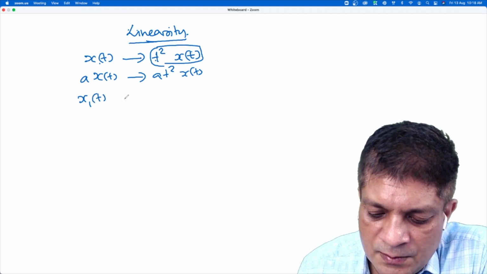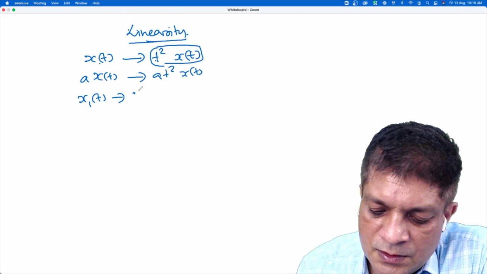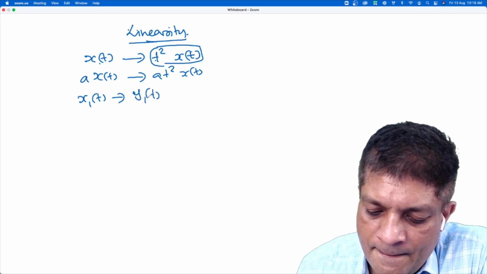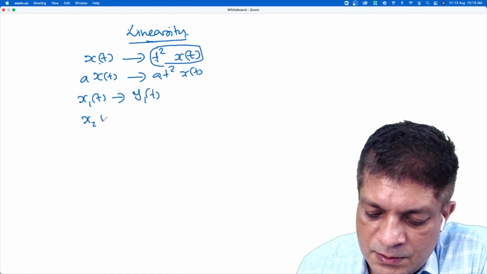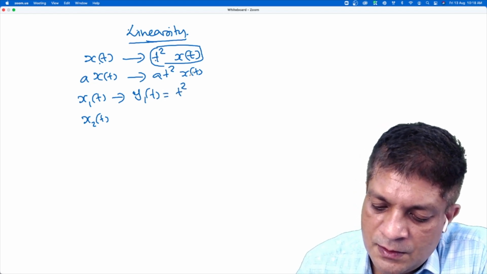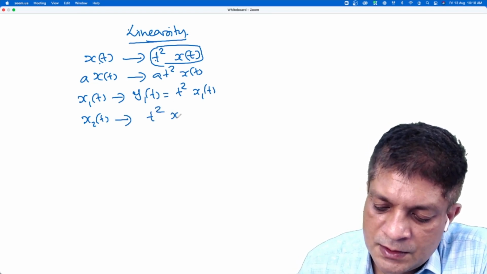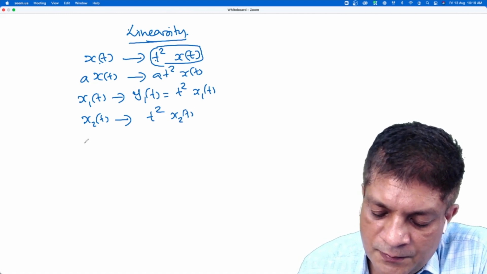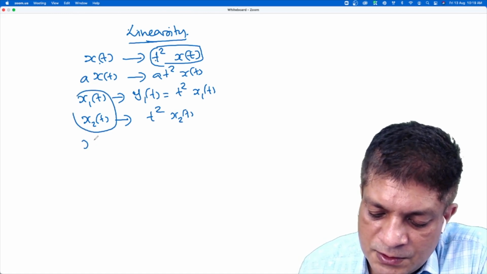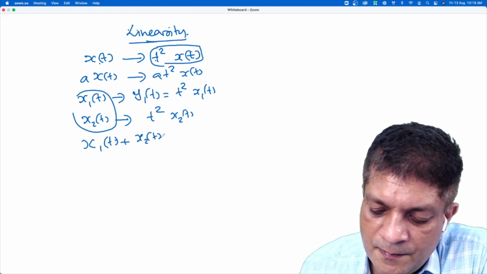Is it an additive system? If we give x1(t) as input, the output y1(t) is t squared x1(t). If we give x2(t) as the input, the output is t squared x2(t). And if you give the sum of these two as the input signal, x1(t) plus x2(t), what will be the output?